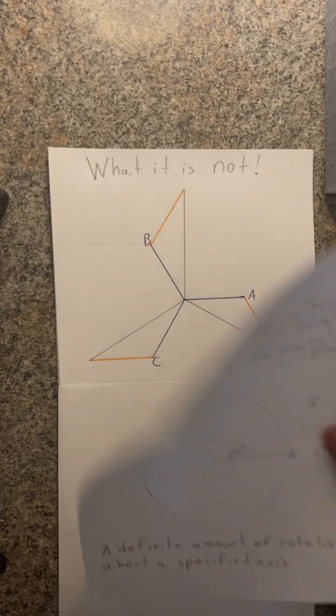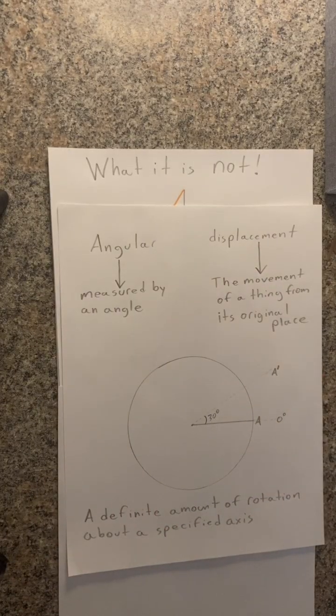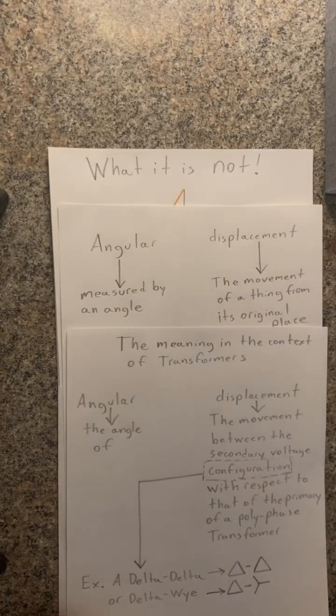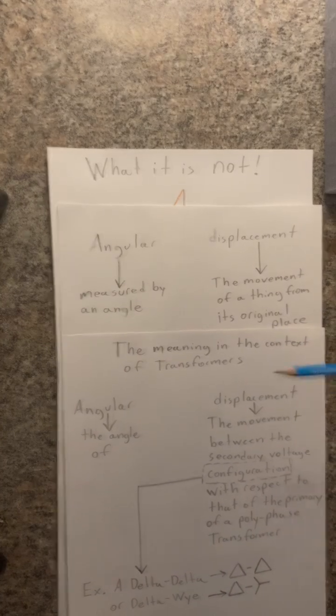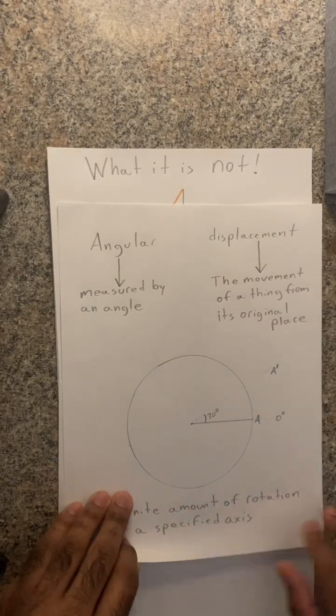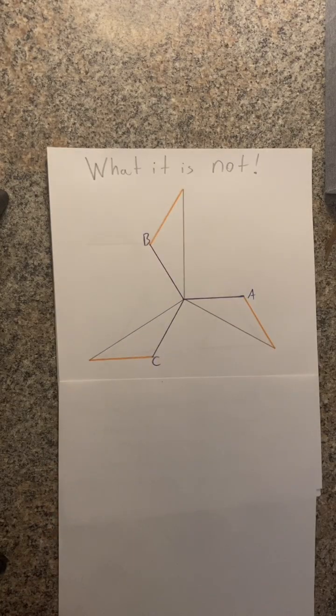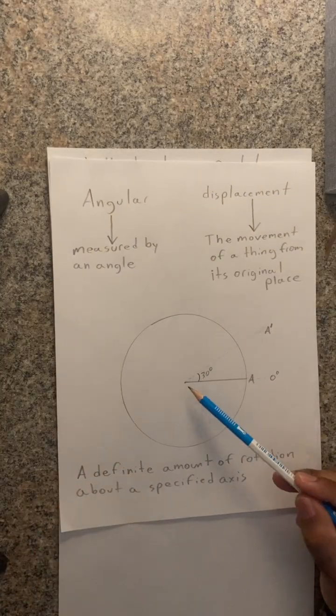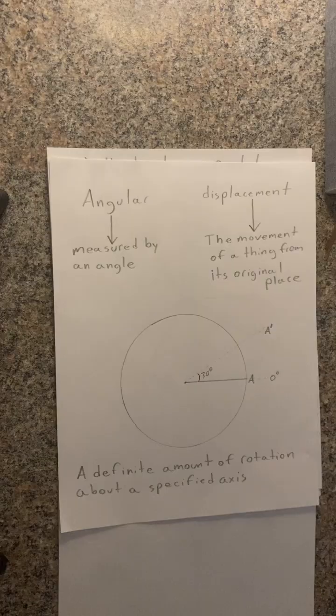We have also seen that the original definition can be traced with the technical definition in the context of transformers, where the displacement is talking about the configuration of the secondary with respect to the primary, the movement.